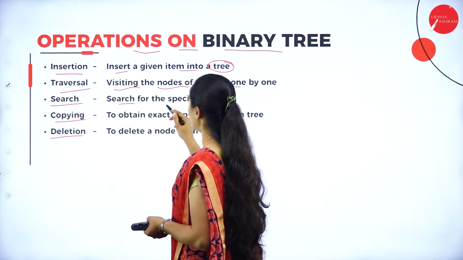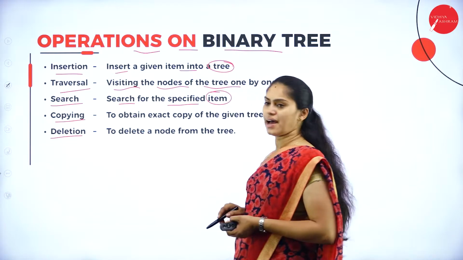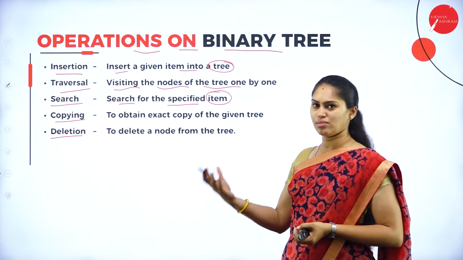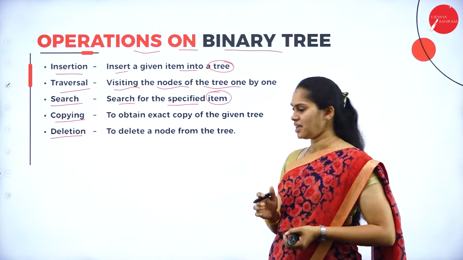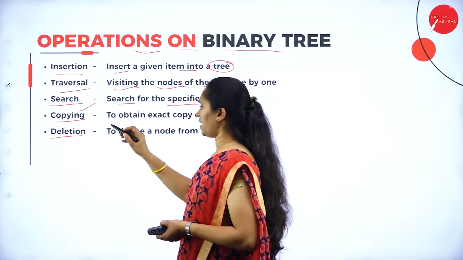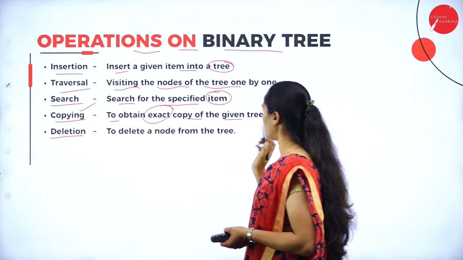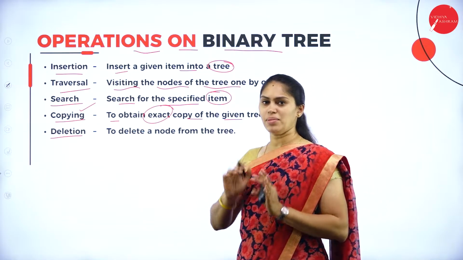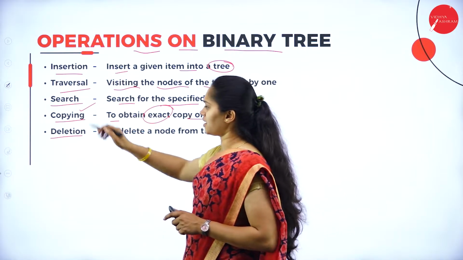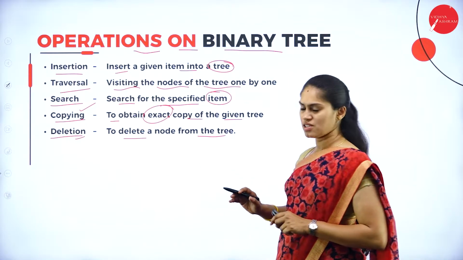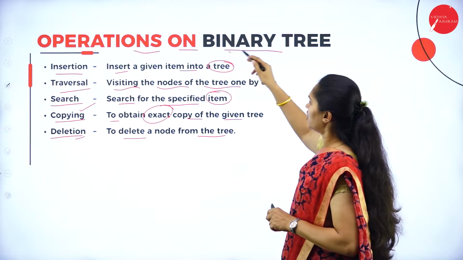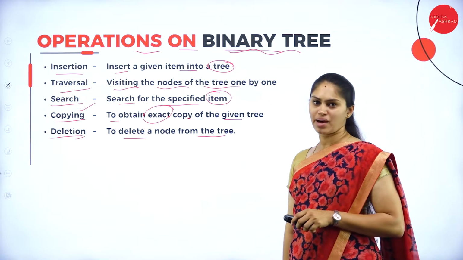Searching is looking for the specified item in a tree, whether it is in the left subtree, right subtree, or the root. Copying is to obtain an exact copy of a given tree, a replica of the tree, and deletion is to delete a node from the tree. So these are the different operations which we can perform on a binary tree.